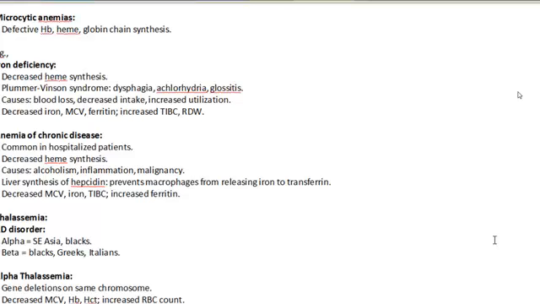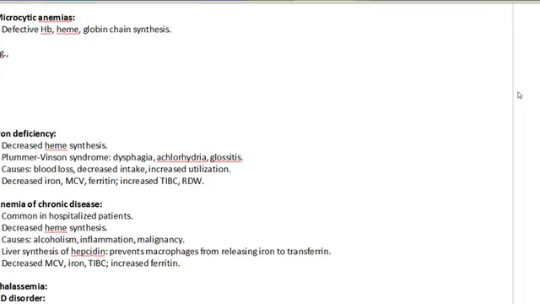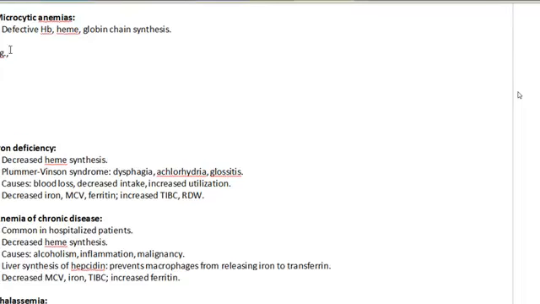So microcytic anemias, how are we going to define this? Do you know what MCV we're looking for? So we're going to be looking for an MCV of less than 80. Okay? And of the microcytic anemias, we know that iron deficiency anemia is the most common.